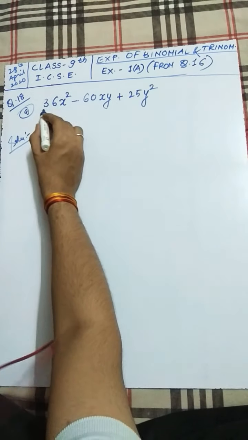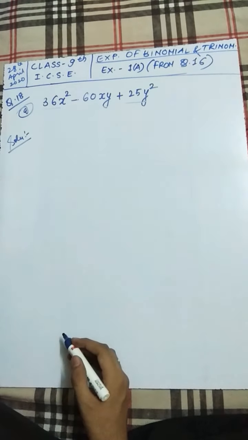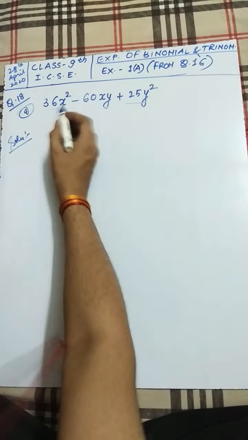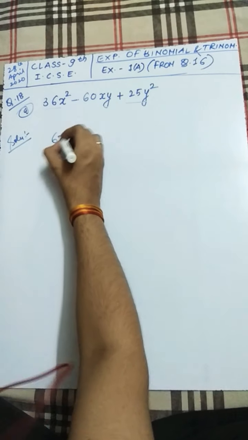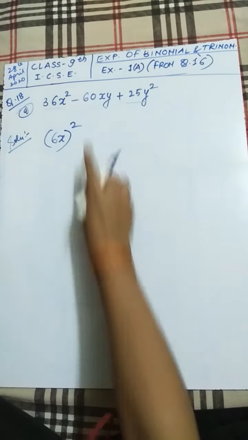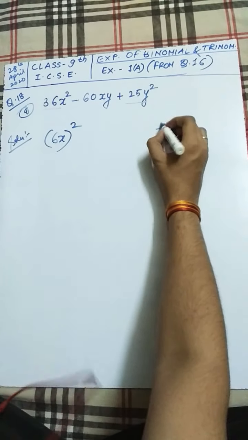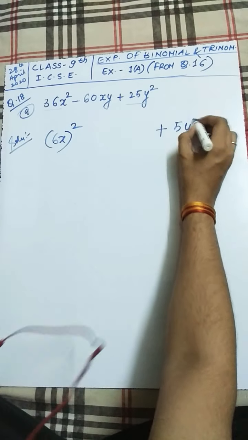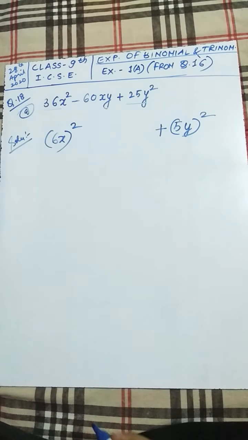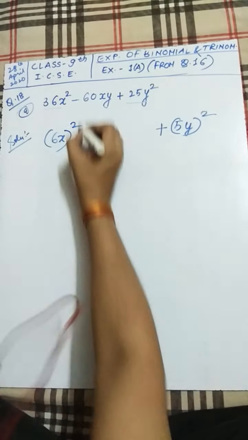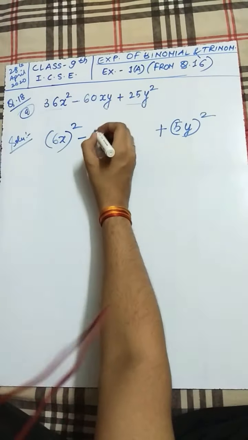As we can see, these two expressions can be written as perfect squares. 36x square can be written as 6x the whole square, plus 25y square can be written as 5y square. This minus sign I'm writing as minus. According to our identity, we have the 2ab term.